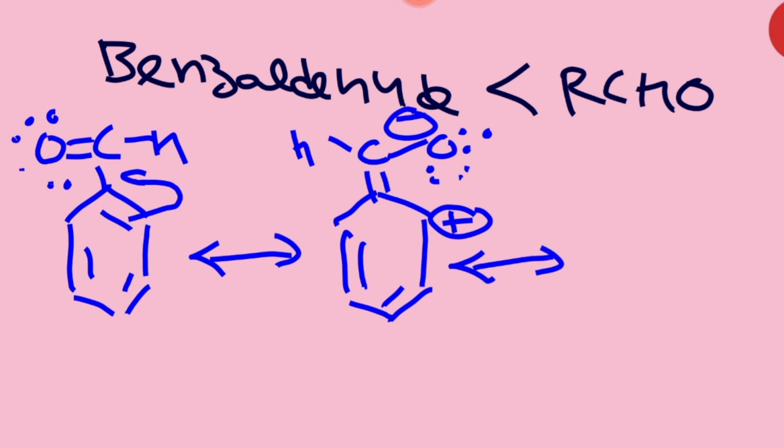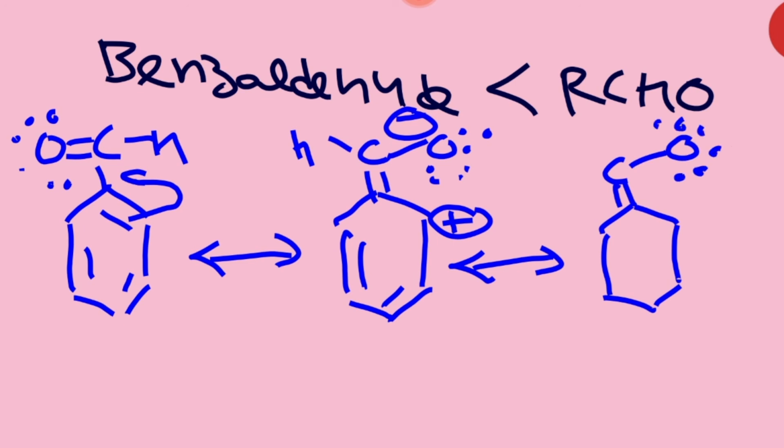Now after that, what to do there? Double bond C, then O negative, and then H. Then again there will be a positive charge. Is that clear? Same way we can draw one more structure.